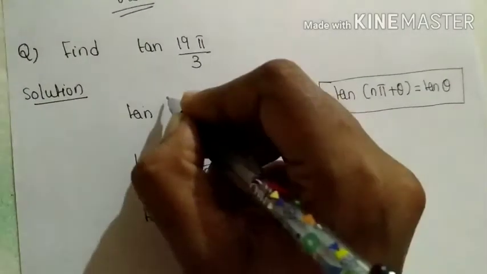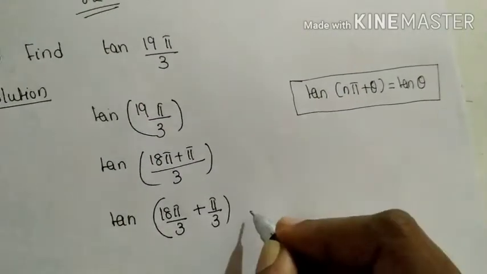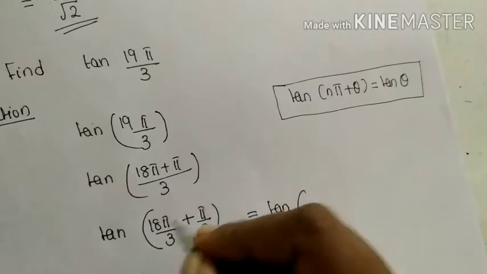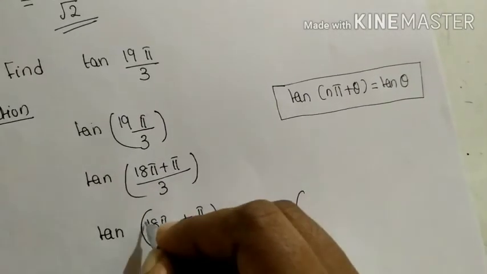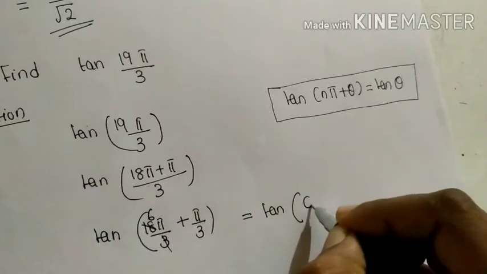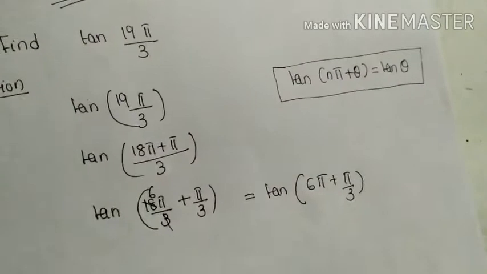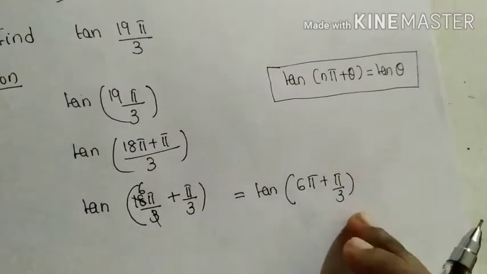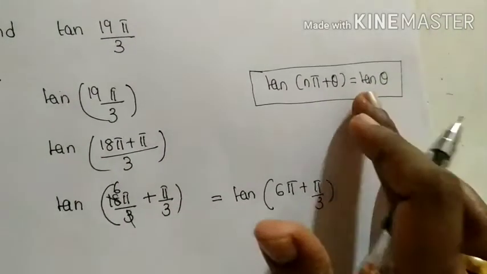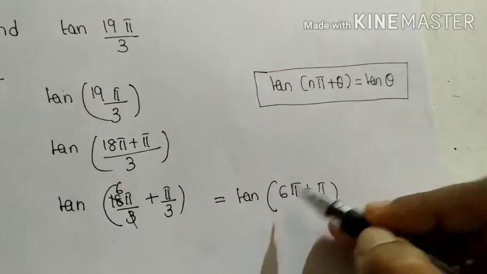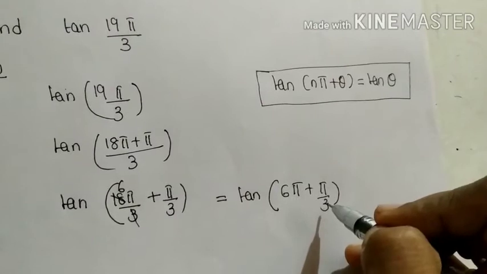And this will further equal tan of 18 pi by 3, which means this 3 will cancel and we get 6 pi here, and the remaining term remains the same, tan 6 pi plus pi by 3. So comparing these two terms, here n is equal to 6 and theta is equal to pi by 3.